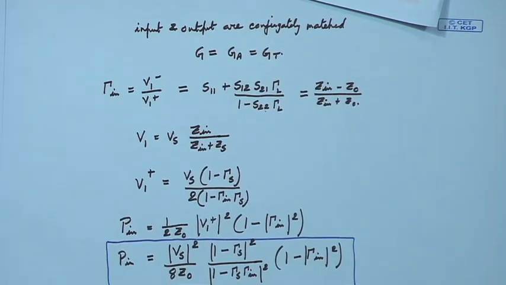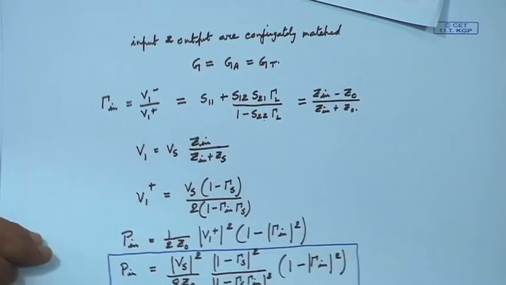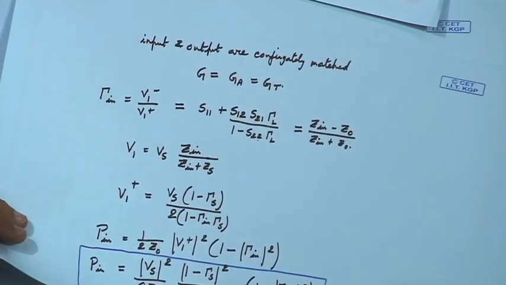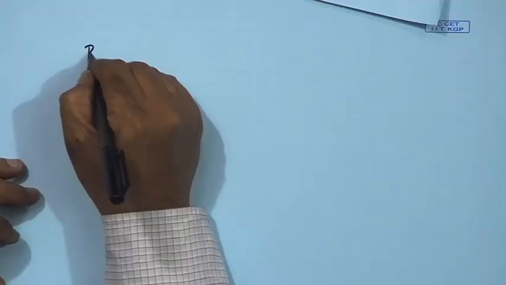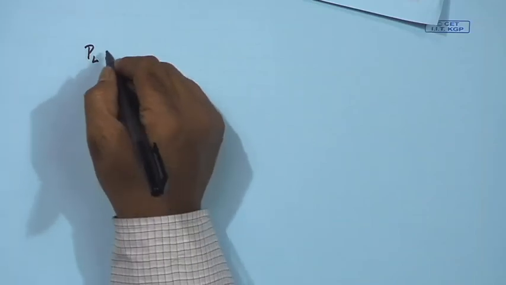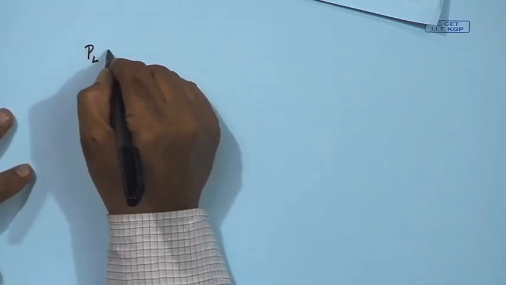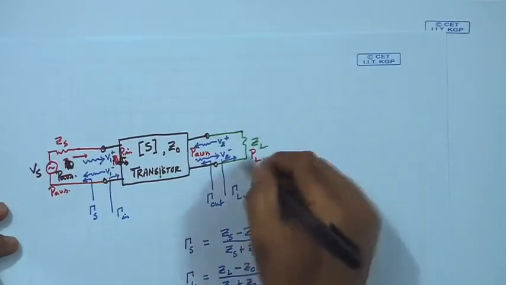P in is this; finally, we got an expression of P in. Also, I need to find the other three expressions: P A V s, P A V n, and P L. So, I have done P in. Now, what will be P L?